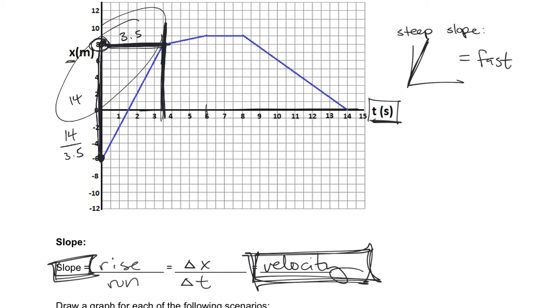When you divide those things, you get a slope of 4. So your velocity there for this first section is 4 meters per second.